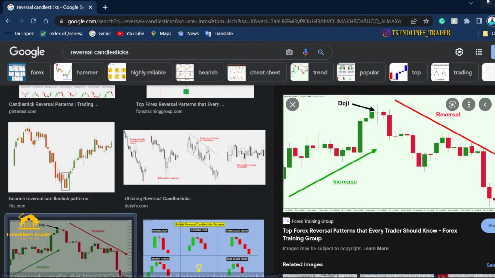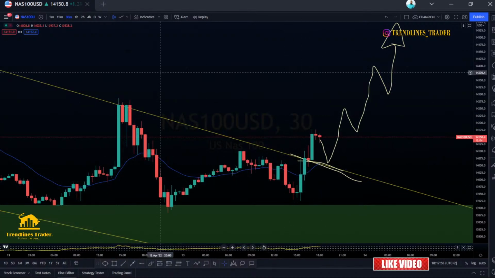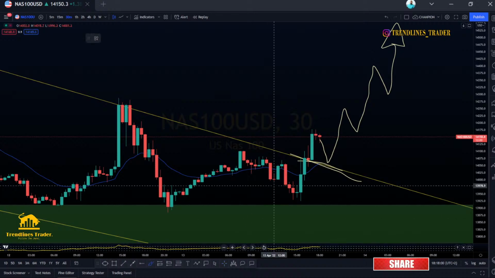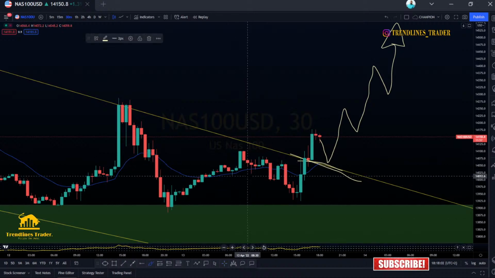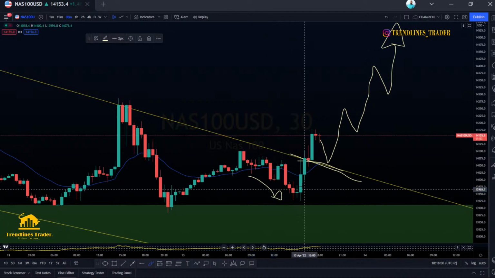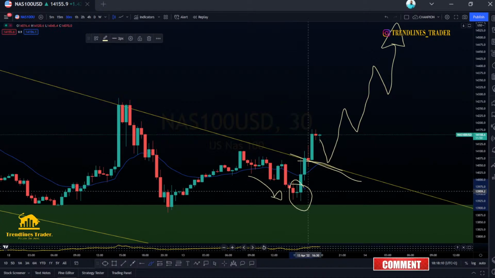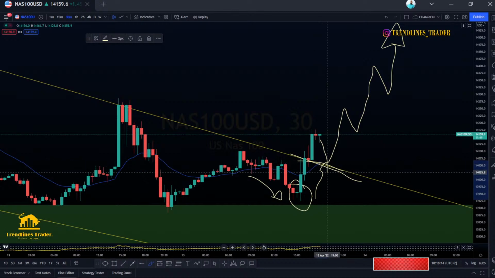Let's witness this on our chart. Look at this on our chart. As our price was pushing towards the downside, this is the type of candlestick we witnessed, the doji. Now we witness our price pushing towards the upside.